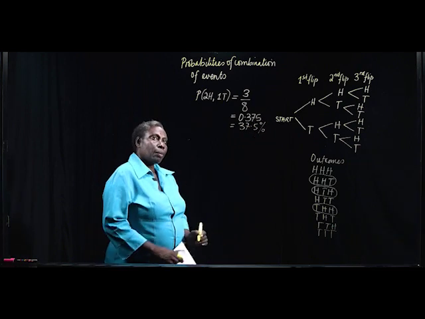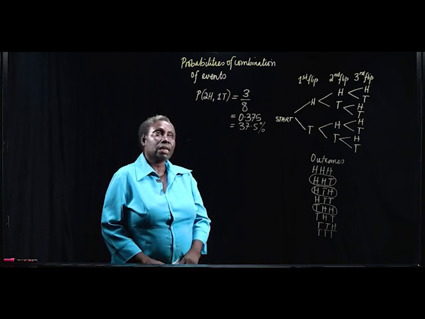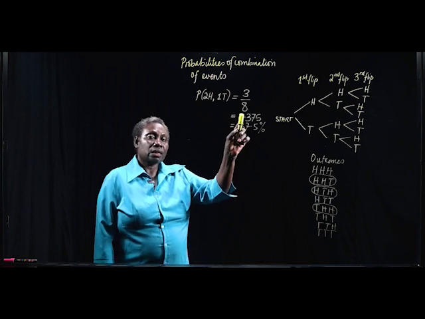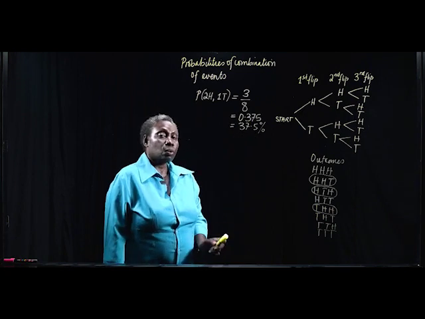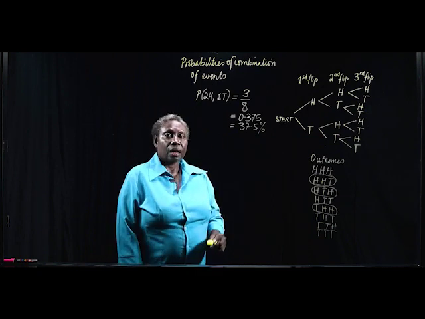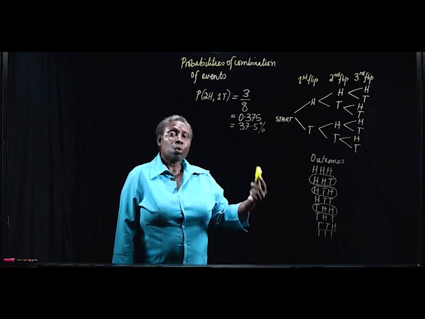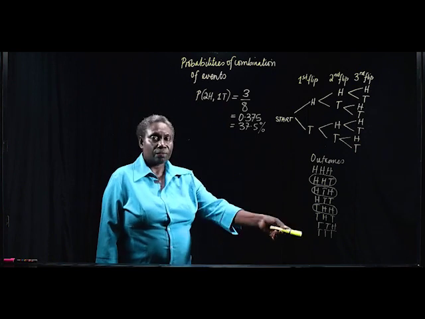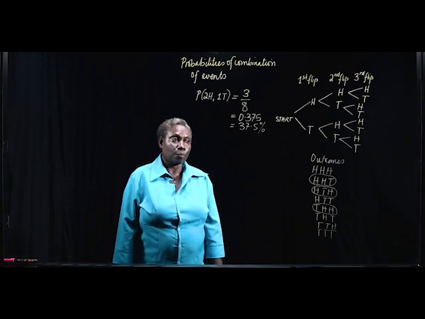So the probability of getting 2 heads and 1 tail is 3/8, which is 0.375, and that is equal to 37.5%. So that's how we can find the probability of combining 2 or more events, like what we have done here. Now, we are going to look at the second example.